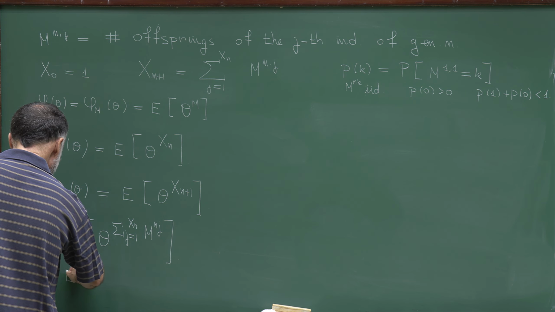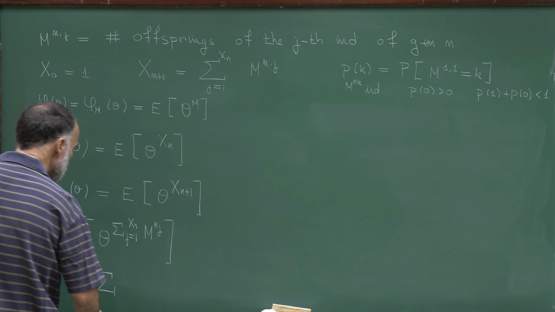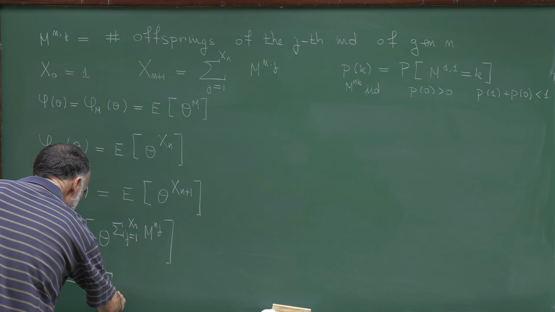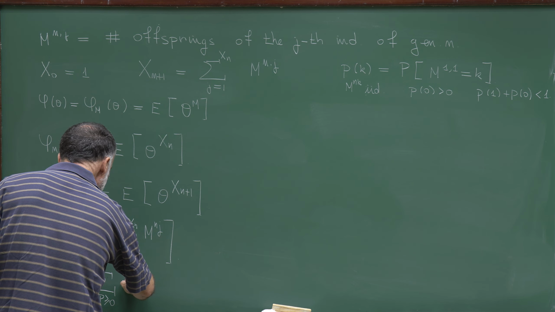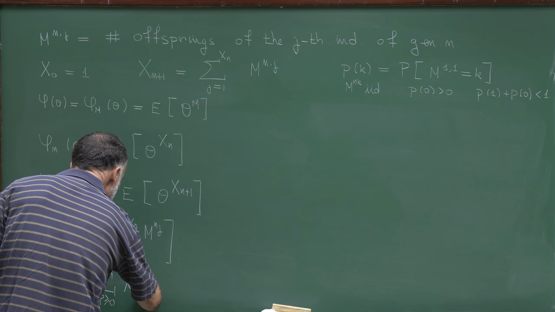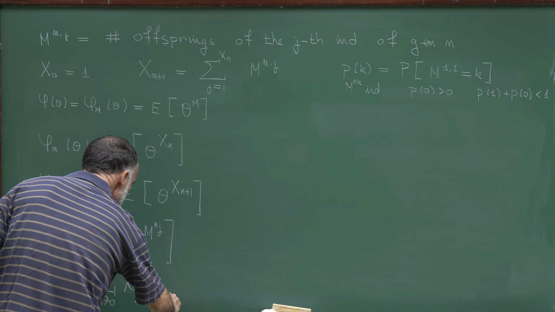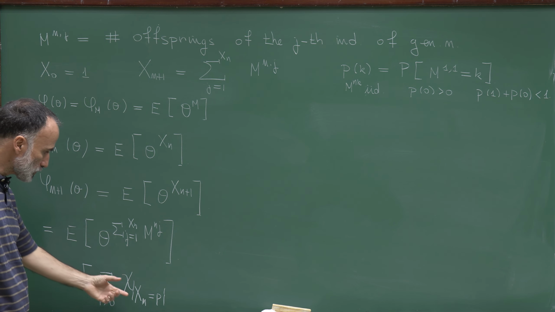So this is the expectation of a sum. xn can take any value p larger or equal to 0. Let's assume that xn is equal to p. Mind that this is the indicator function of this set.